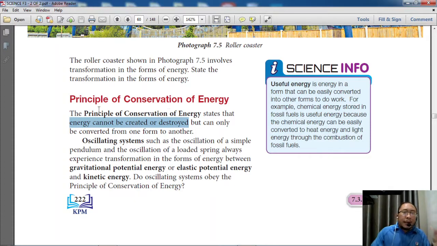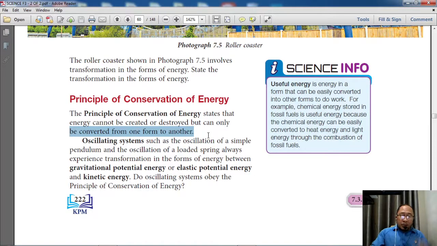That's why the principle of conservation of energy says that energy cannot be created or destroyed, but can only be converted from one form to another. This is the point that you must understand in this principle.